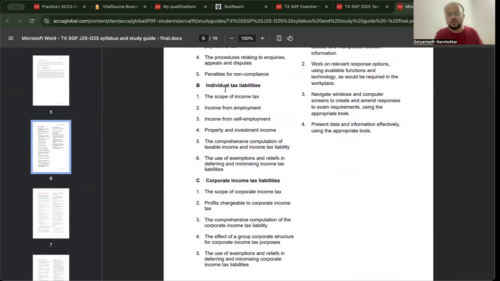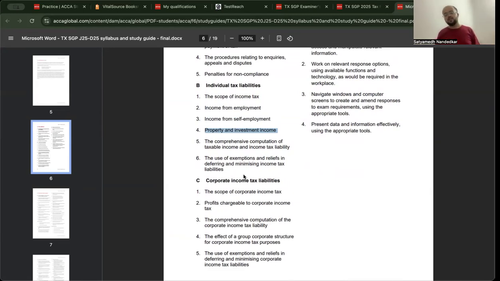Our focus will then shift to taxation of individuals, where we'll be talking about income from employment, income from self-employment, property and investment income, the calculation of total income, and the calculation of the final tax liability.